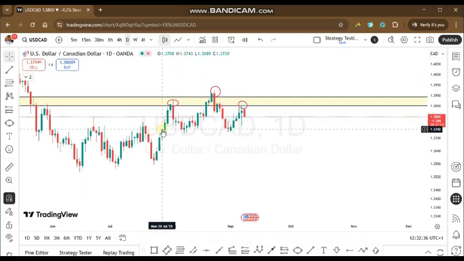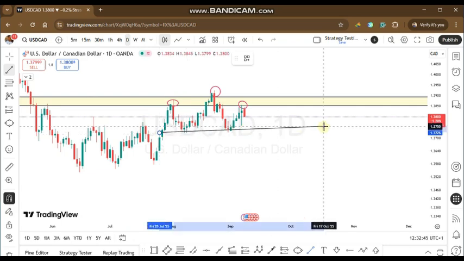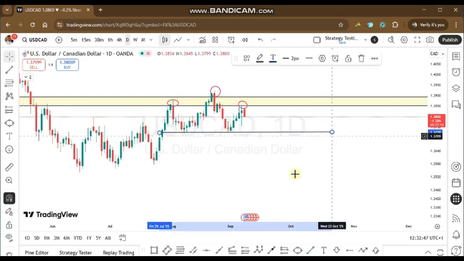So you can see that this is a left shoulder, a head, and the right shoulder. And this point here, let me just put a black line here. This point here is the neckline, all right?